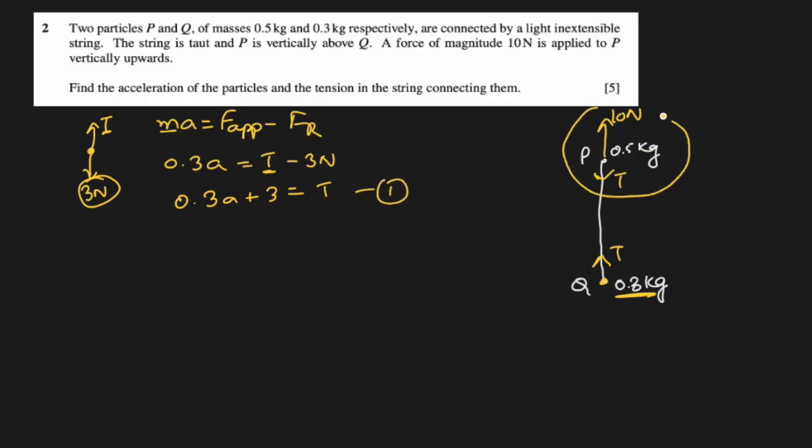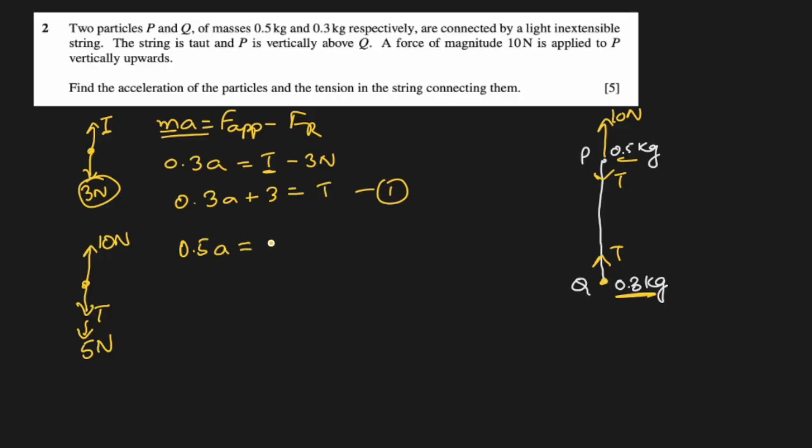Now let's focus on this part. So free body diagram for that will be 10 Newton upwards. There will be tension downwards, and additionally there will be the weight of this particle, 5 newtons. So by using the same, it will be 0.5A equal to applied force. It is going up, right?